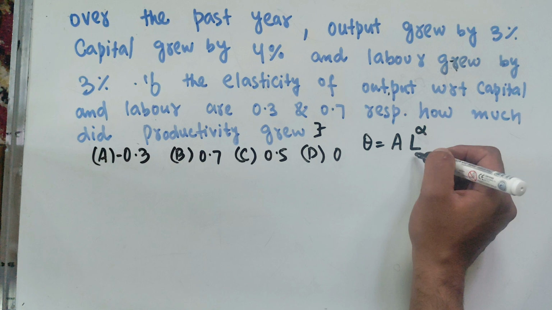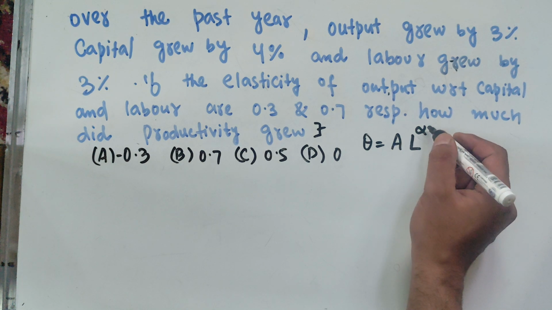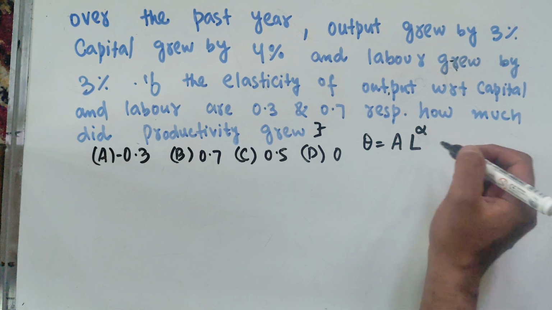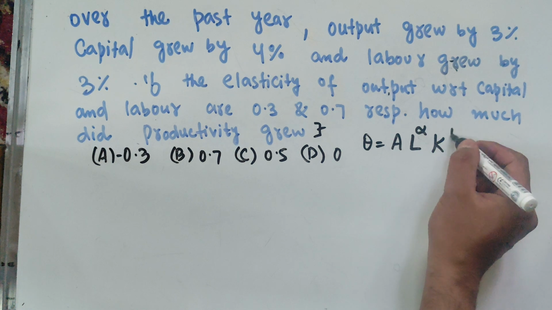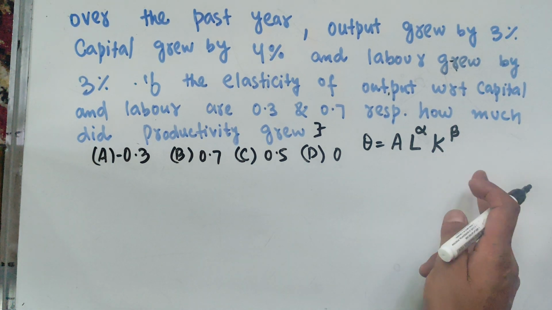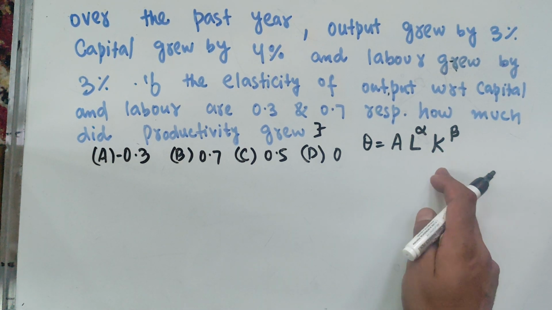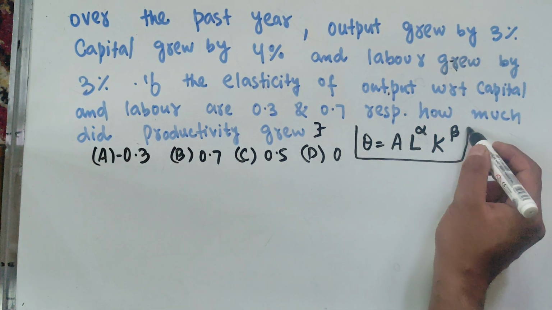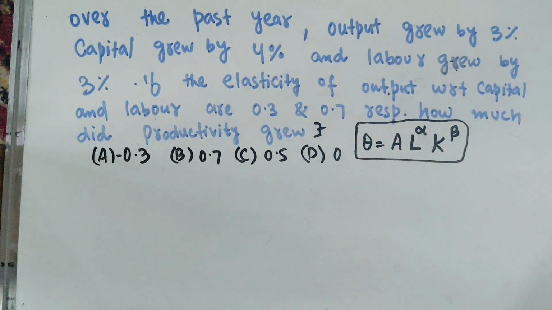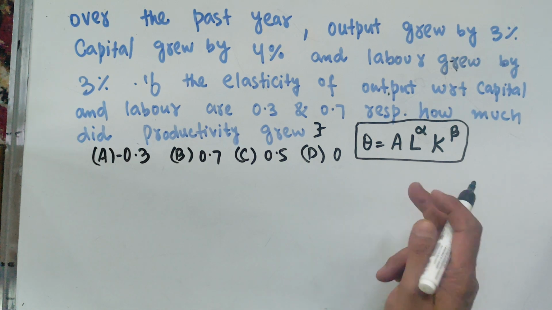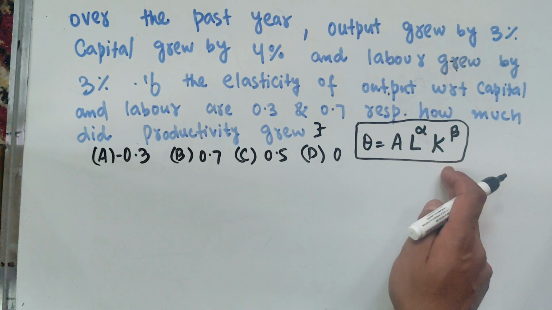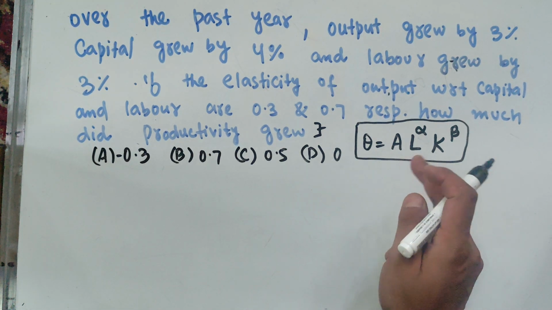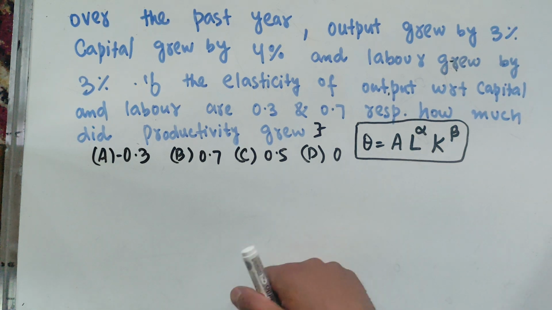L denotes the units of labor employed, alpha denotes the output elasticity of labor, times K to the power beta. Beta denotes the output elasticity with respect to capital. So L and K are the inputs employed here. A denotes the Solow residual, that is the change in the output that is not explained by labor and capital, the change in the growth rather in this case.